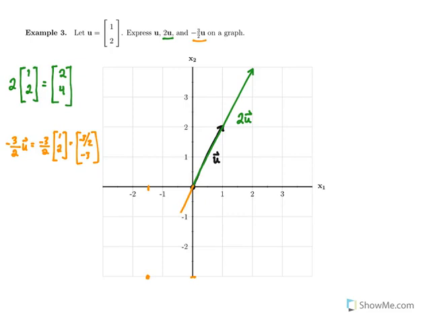That point down there would be negative 3/2 u. Going in the opposite direction, but it's still just taking that vector, stretching it a little bit, and then flipping the direction.